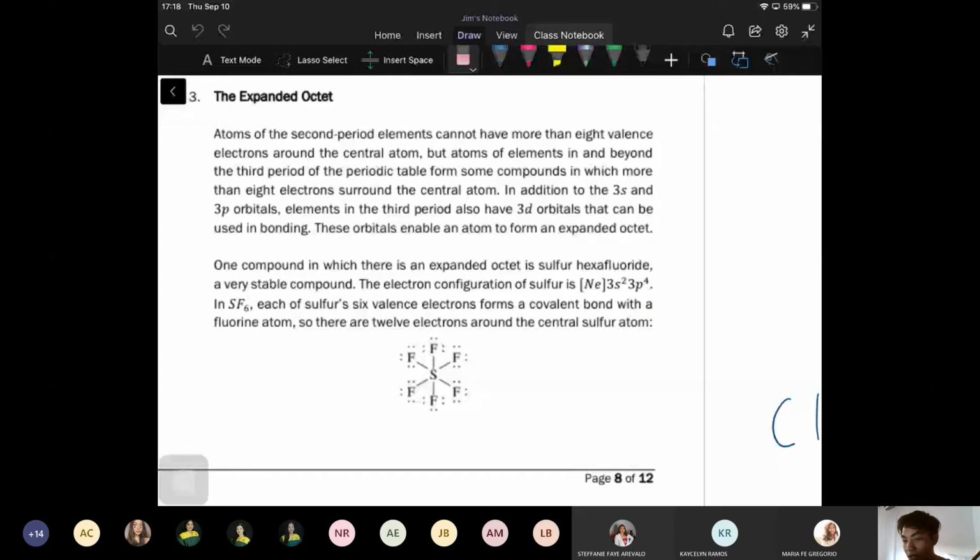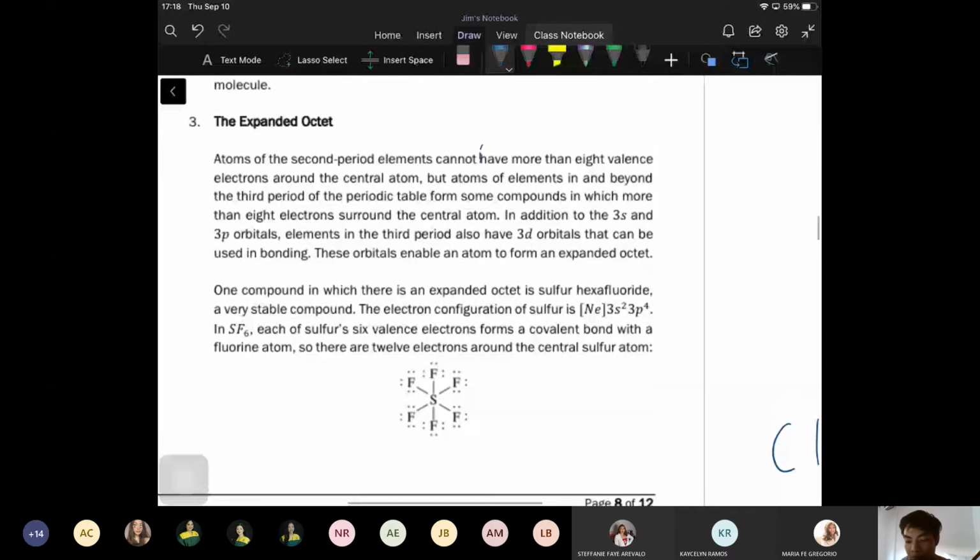Ano ba yung basis ng octet? So, the basis for octet rule is that your atom contains S and P orbitals, no? Kaya may S and P orbital yan. But remember, onti lang yung atoms na S and P orbital lang yung meron. Pag tumingin ka sa baba ng periodic table, nag-e-exist na yung D and F orbital.